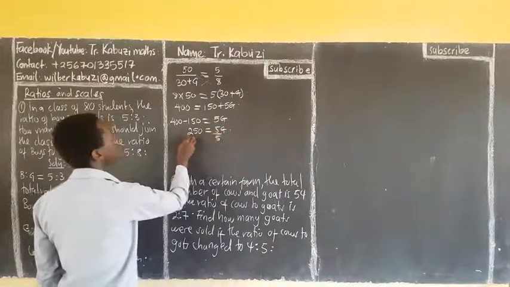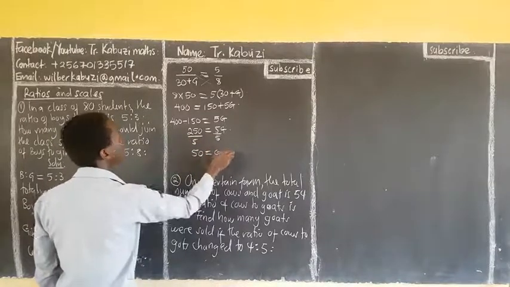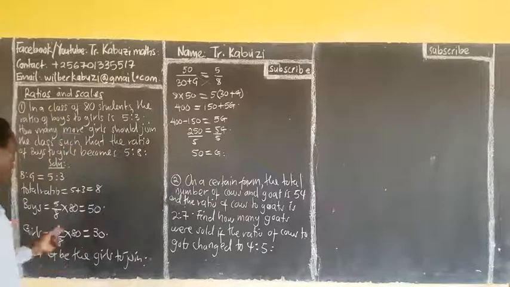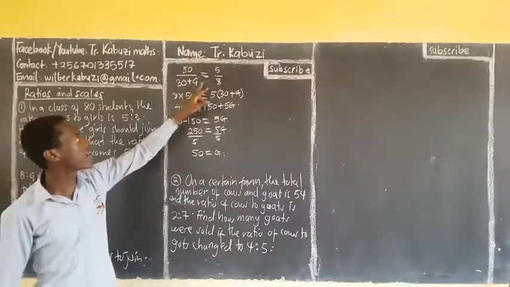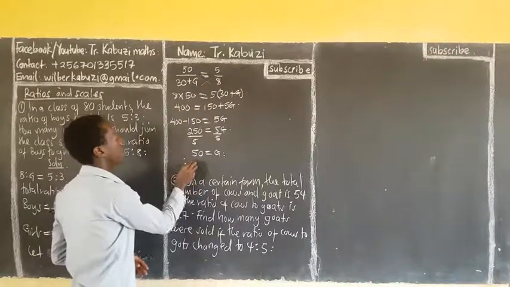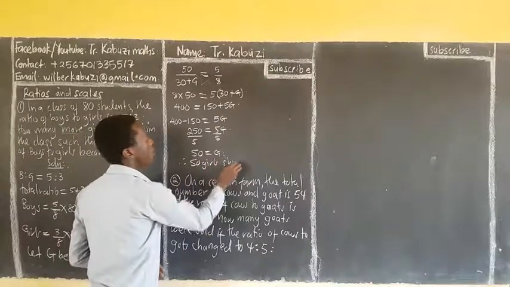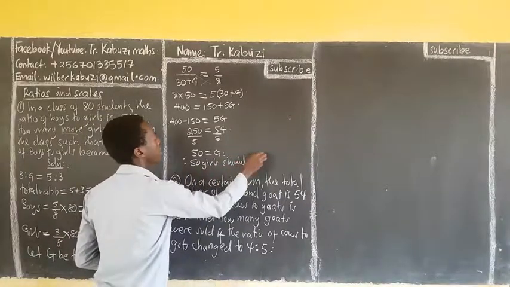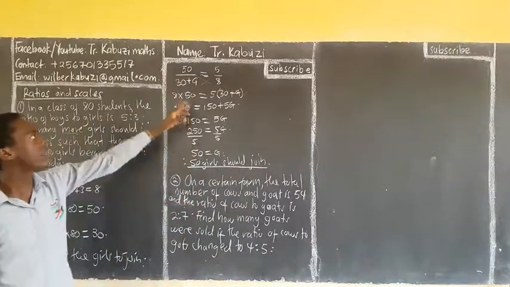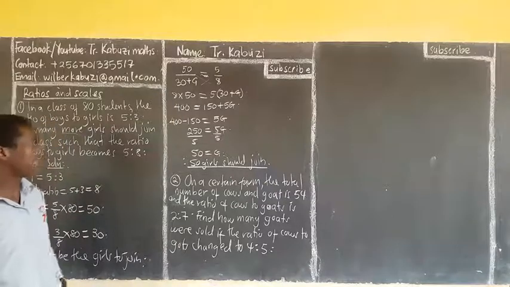Divide by 5, divide by 5, so that here I have 50 equaling D. So meaning I need to add on 50 girls, so that the ratio changes to that. Therefore 50 girls should join. 50 girls should join the class. If these 50 girls join the class, the ratio will become 5 to 8.